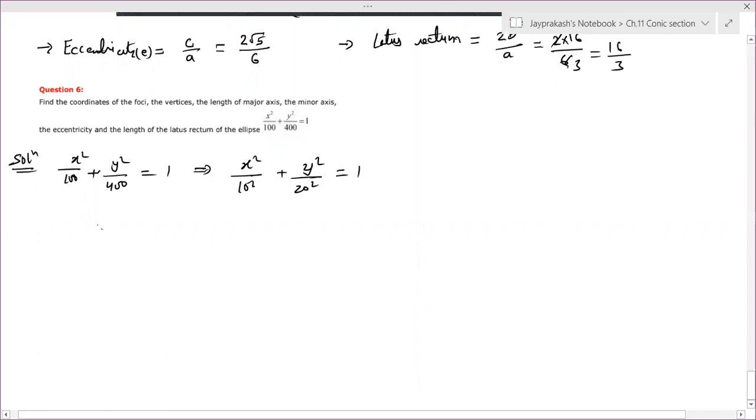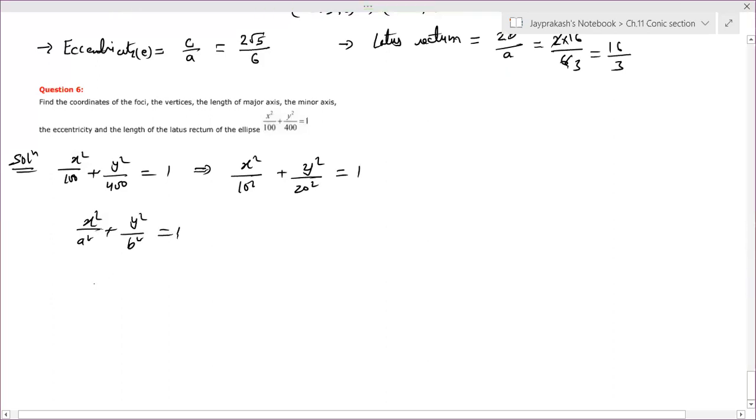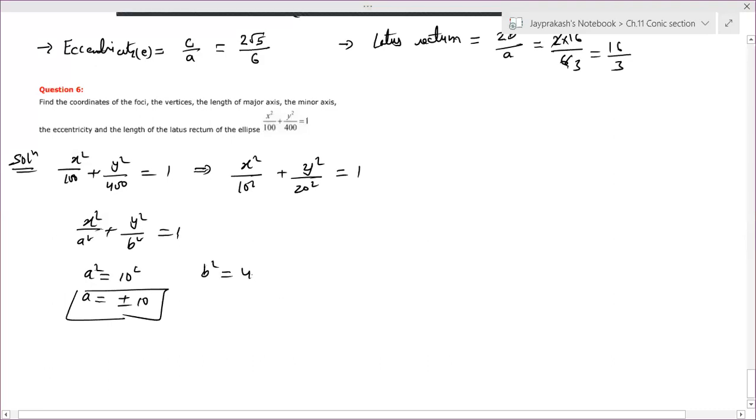Now if we compare with the standard form of the ellipse, x square by a square plus y square by b square equals 1, then the denominator of y is greater. That means the ellipse is expanded along the y-axis. So a square is 100, so a is plus minus 10, and b square is 400, so b is plus minus 20.